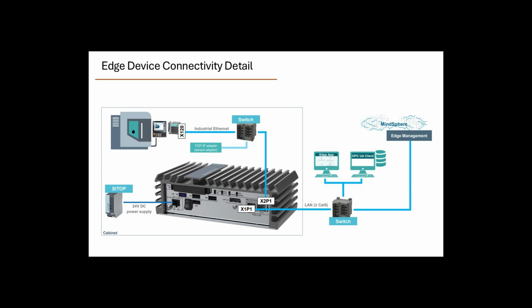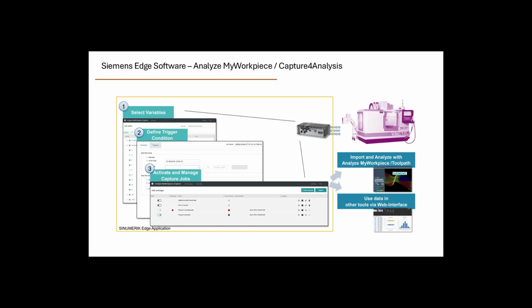And you can install applications from Insights Hub, which is essentially a collection of different applications that Siemens posts up there, that other contributors can post up there, and that you can download onto your Edge device, and then you can log into your Edge device and install it on the Edge device itself. One of the applications that we used for this particular demonstration was a software called Analyze MyWorkpiece /Capture for Analysis.